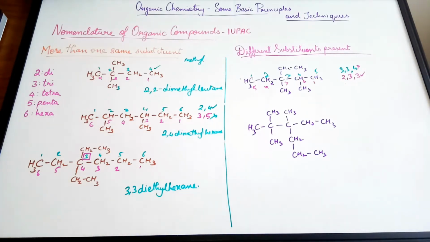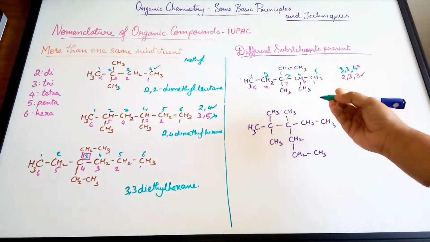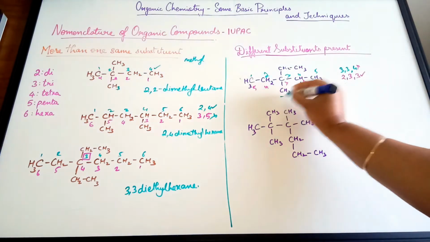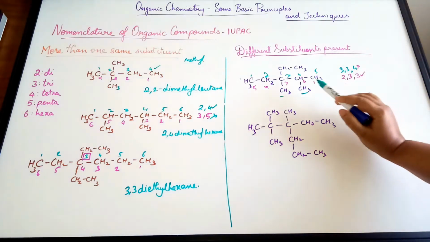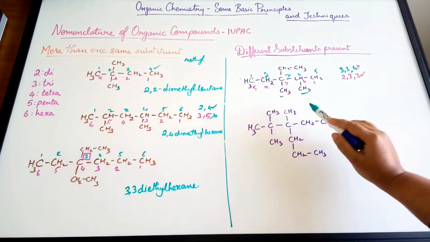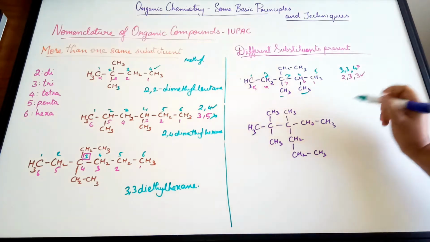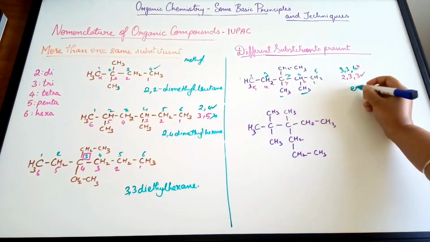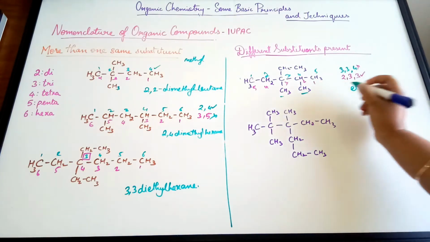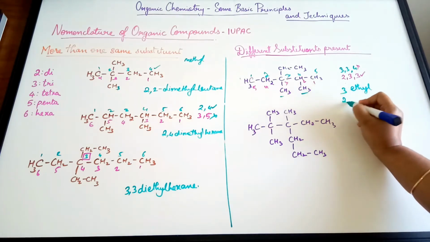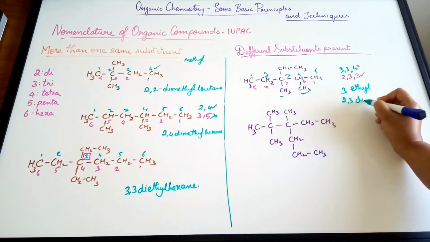So here, let's first look at the substituents that are present. You have 2 methyl groups at position 2 and 3, and we have an ethyl group in position 3. So you have ethyl in position 3 and you have 2,3 dimethyl.